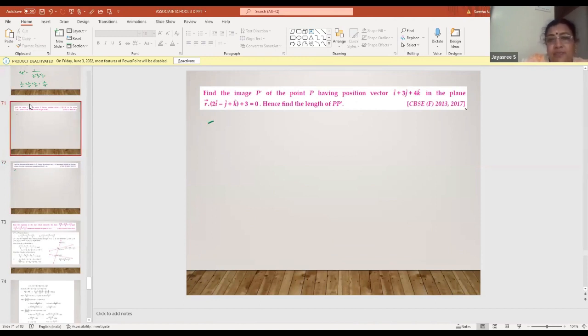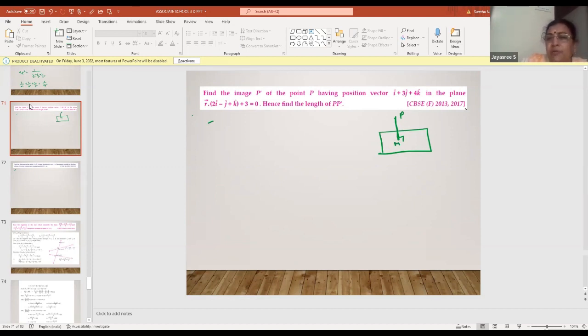Yes, this is image, foot of perpendicular, and the distance, all the concept questions. Four questions come here. Find the equation of the normal, they can ask anyway. This is from the point P: equation of the line passing through the point perpendicular to the plane.